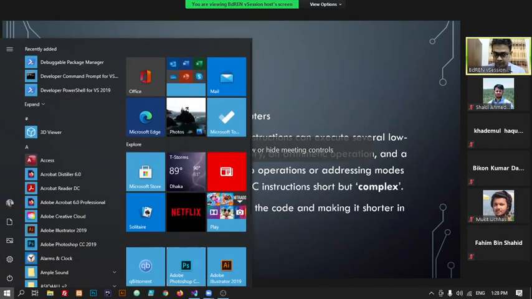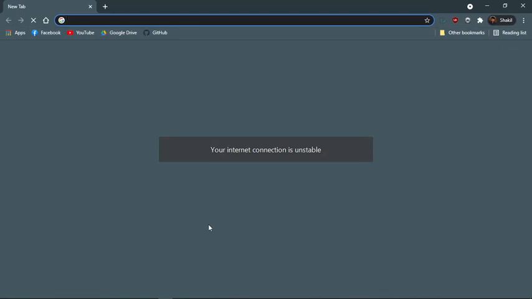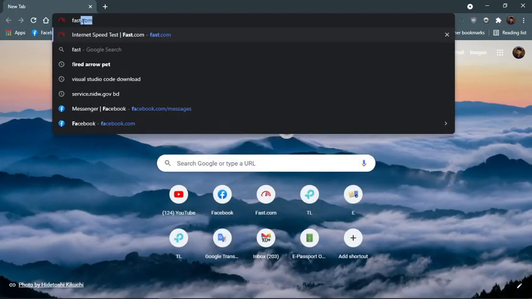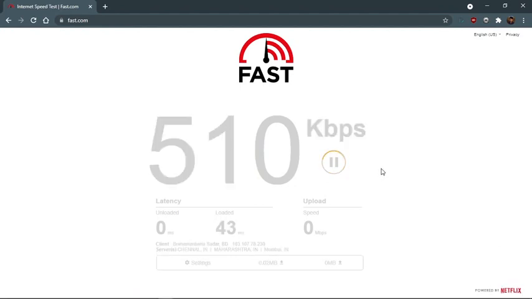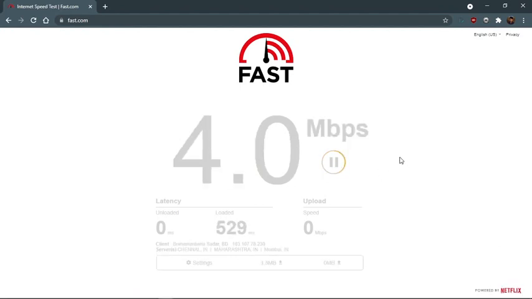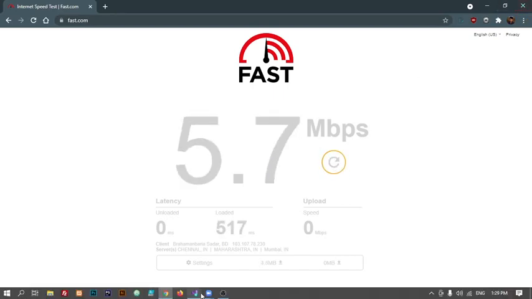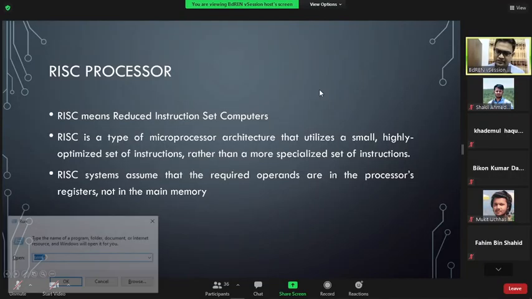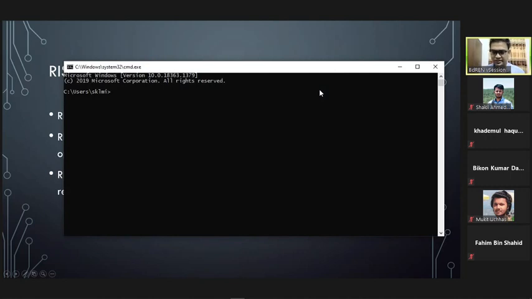This is the full form of CISC: complex instruction set computers. You have to memorize this one. There is a reason why it says complex, and we will discuss why. The other one is RISC, reduced instruction set computers. So one is the complex instruction set, CISC, and this one is the reduced instruction set computers.